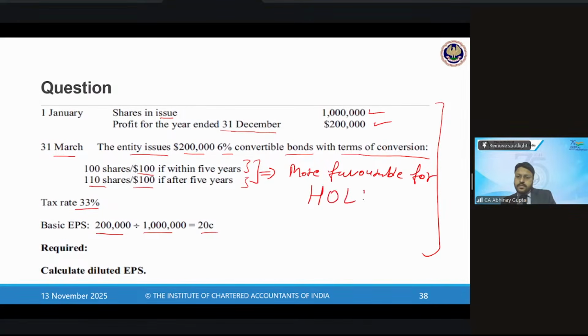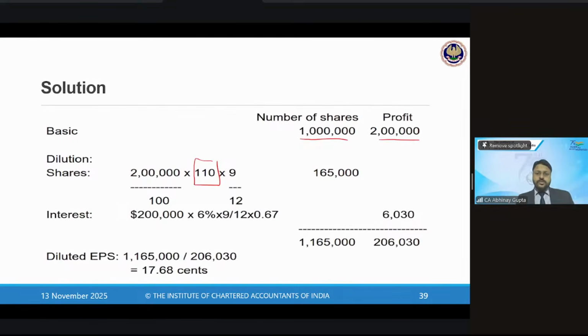Holder. Always remember, from the perspective of the holder, which term is more beneficial? The 110 shares term is more beneficial because it will eventually fetch them additional equity shares. So we will use the 110.